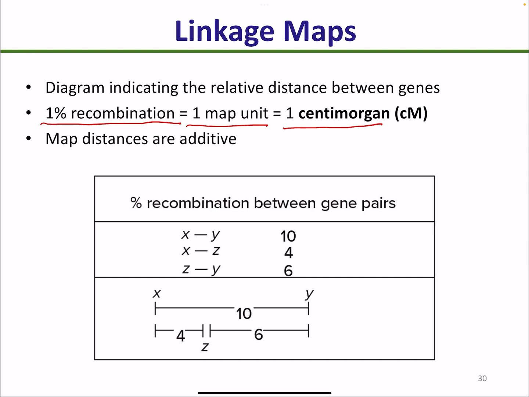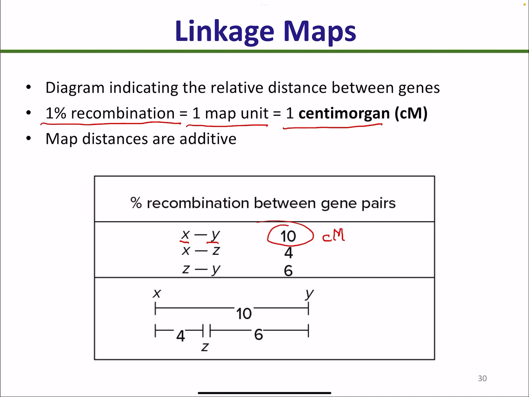Let me repeat that. 1% of recombination is one map unit, and that one map unit is 1 centimorgan. In other words, if we have two genes X and Y that are 10 units apart, that 10 unit apart, it's actually 10 centimorgan, right?